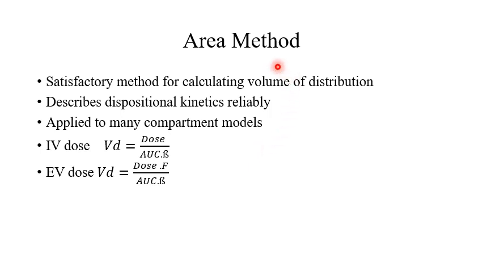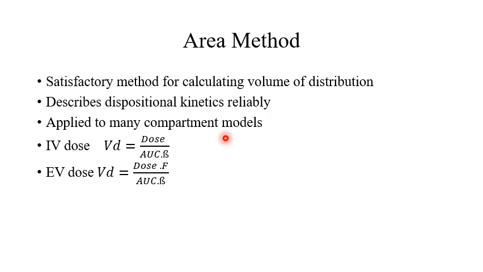So for that purpose, the area method is used. This area under the curve method provides a more satisfactory way of calculating the volume of distribution parameter. It describes the dispositional kinetics of a drug by a useful and reliable method, and it can be applied to different compartment models for the estimation of Vd.